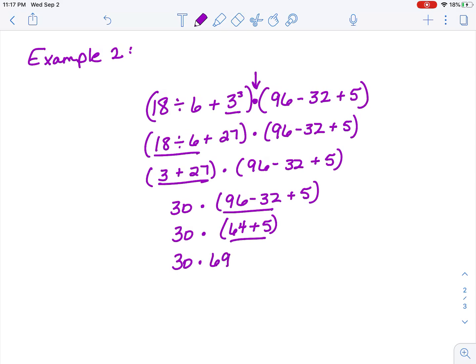And then all that's left for me to do is to multiply. And that would give me 2070.